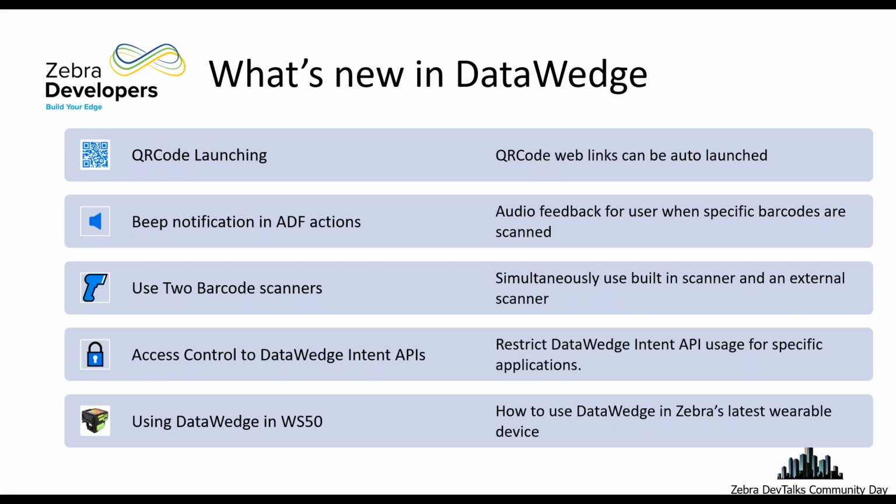If you take any regular cellular phone with Android, you can scan a QR code, but DataWedge will offer you the same behavior with more settings available to you to configure how you want to launch.